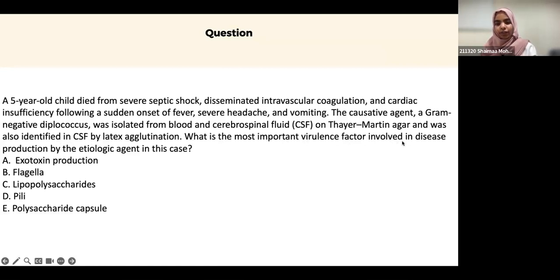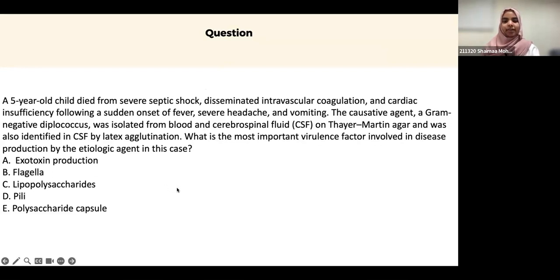What is the most important virulence factor involved in disease production by the etiologic agent in this case? Even if you didn't know what this bacteria is, you know it's gram-negative. You know it caused septic shock and fever and DIC. Which thing causes septic shock?